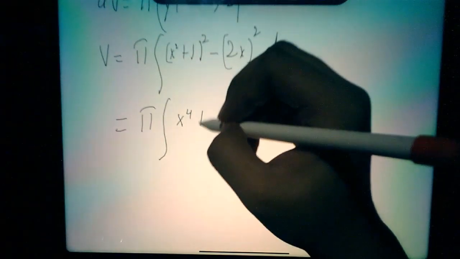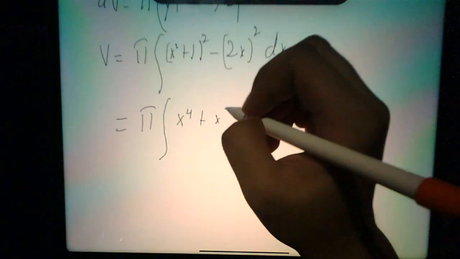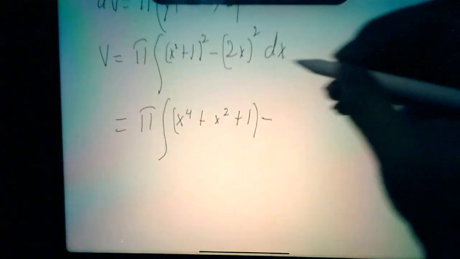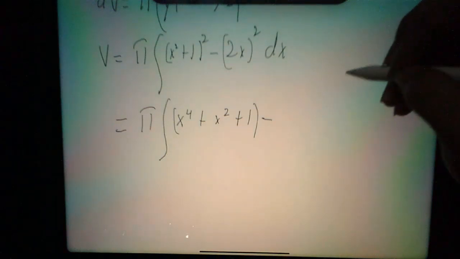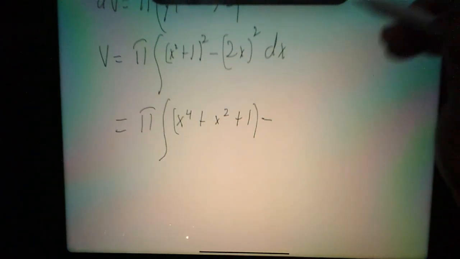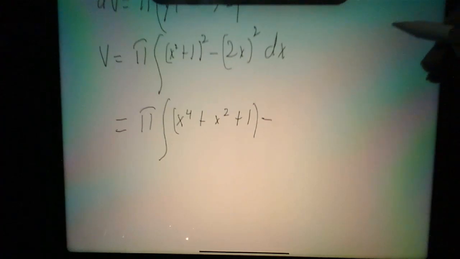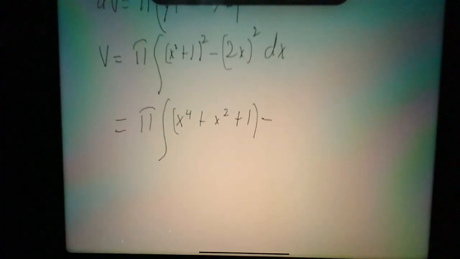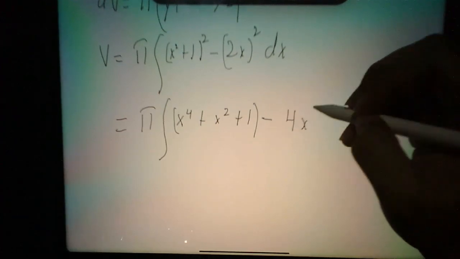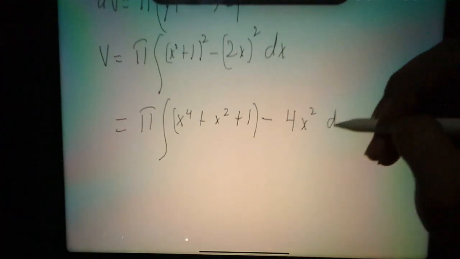So this will become x to the 4 plus 2x squared plus 1 minus 2x squared, which is 4x squared, minus 4x squared dx. So now we are ready to integrate this.